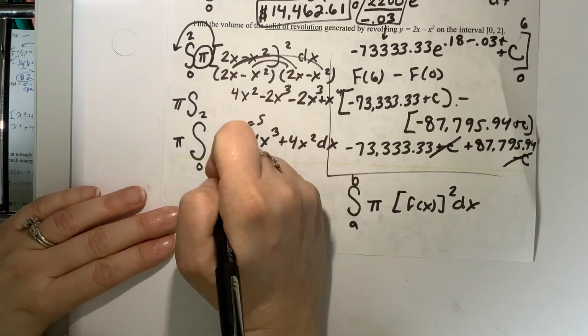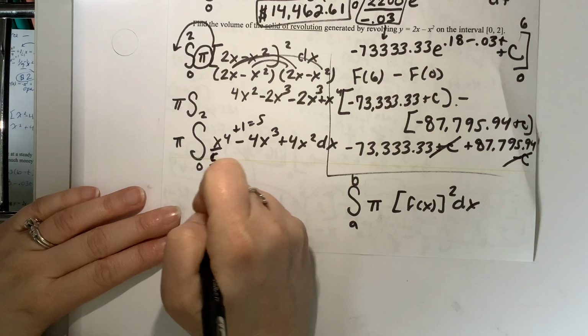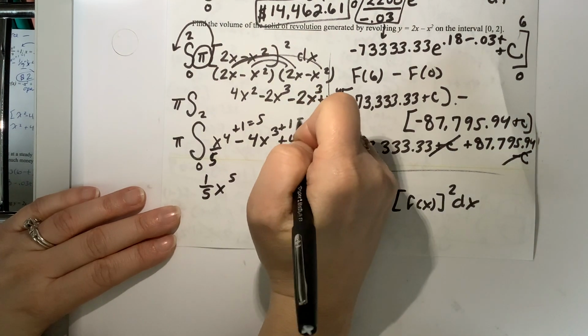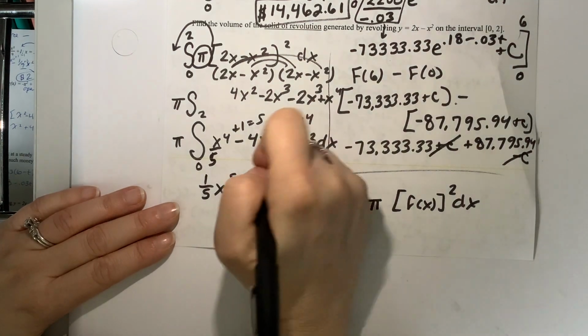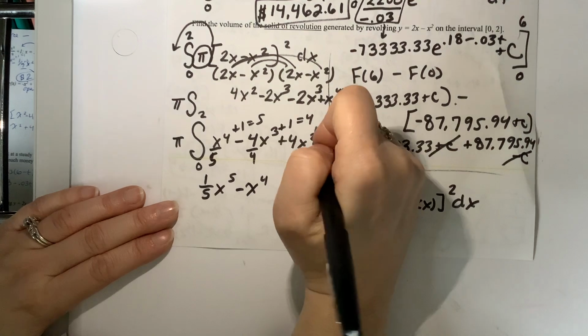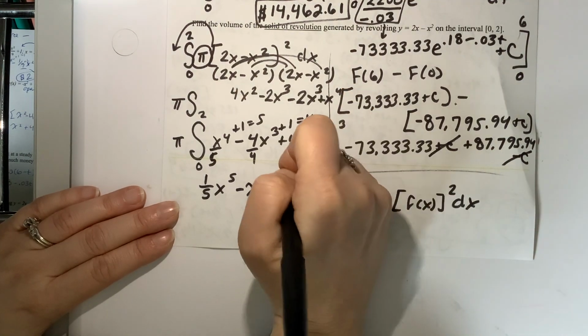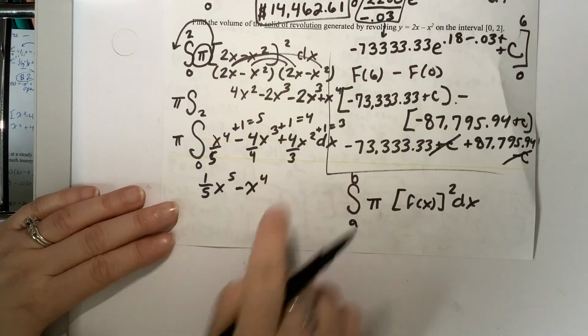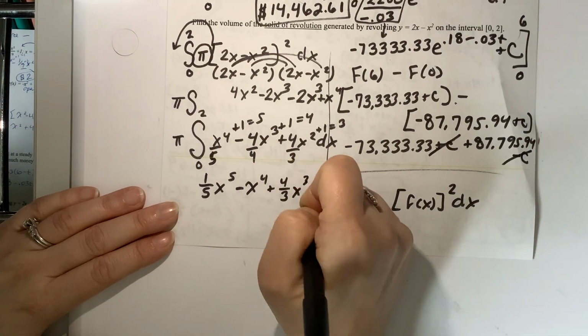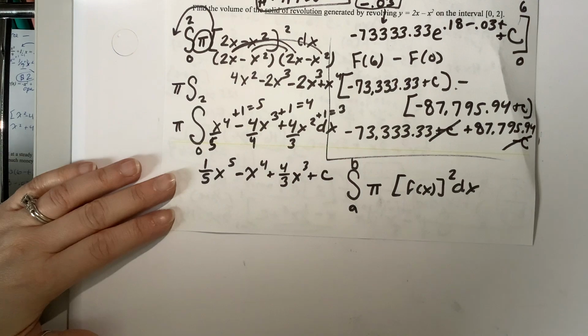Add 1, the exponent is 5, divide by 5. 1/5 x to the power of 5. Next one, add 1, the exponent is 4. Divide by 4, so it's minus x to the power of 4. Add 1, now it's a 3. Divide by 3, this is 4/3 x cubed plus c.